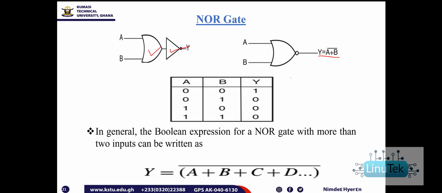Whereas if it were an OR gate, the output would have been 0, 1, 1, 1. Because there is a NOT gate, which makes it a NOR gate, the output becomes the complement, which is 1, 0, 0, 0.